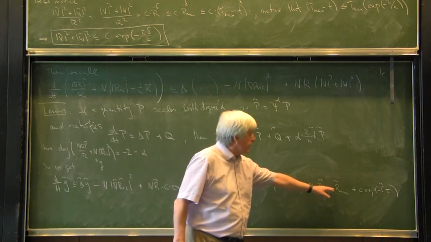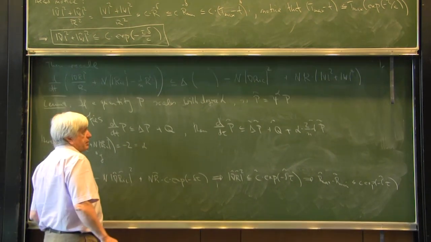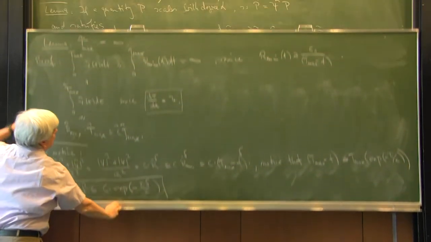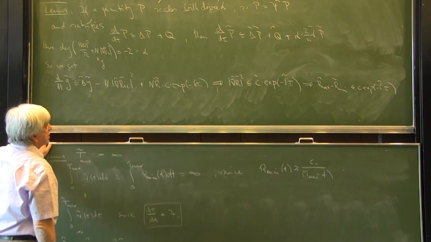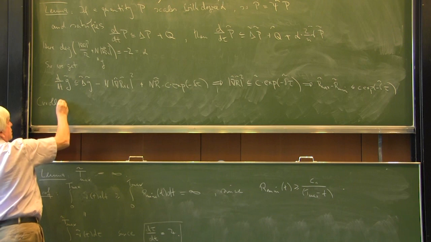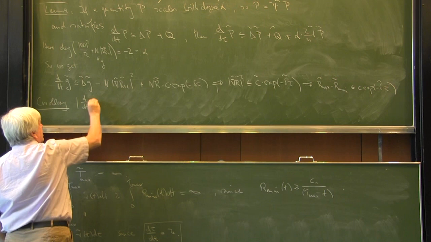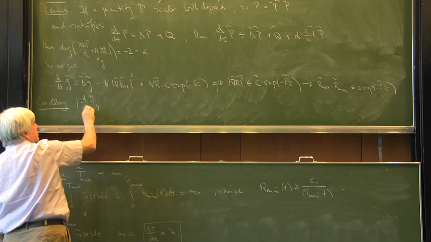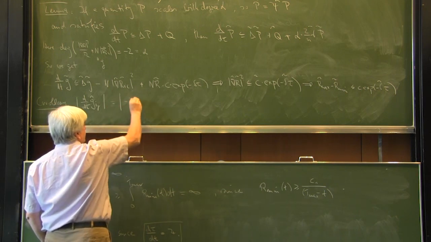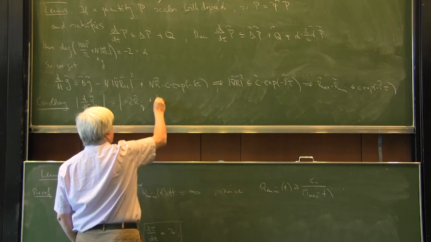But this means that in the evolution equation for the metric, the time derivative. So corollary, you get that the norm of d/dt of g tilde ij, in the rescaled time tau, is the norm of minus 2 r tilde ij plus 2 over n.